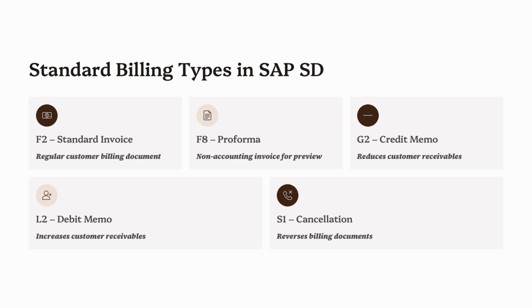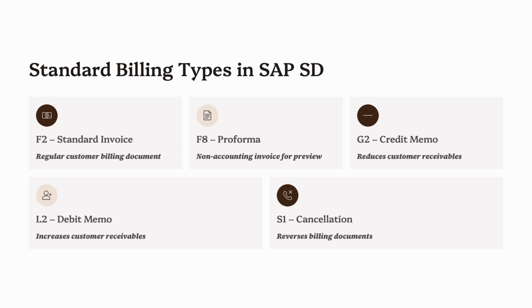Delivery-based billing. This is the most common billing method in SAP. In delivery-based billing, the invoice is created after the delivery is done, meaning sales order, delivery, PGI, billing, F2. Why companies use this? Because billing should reflect what was actually delivered, not what was ordered.